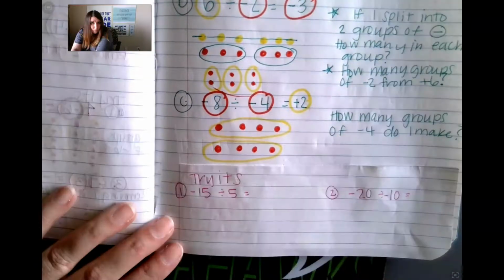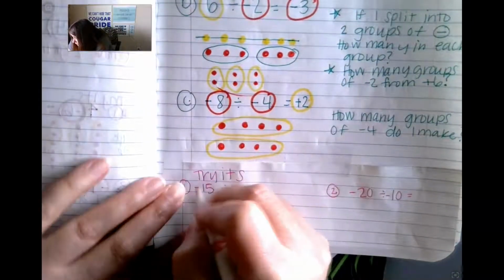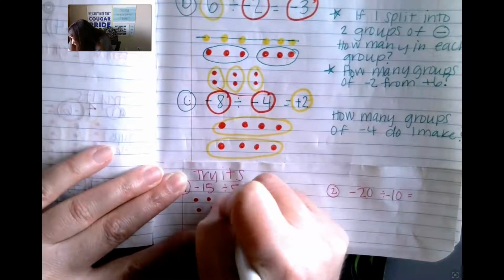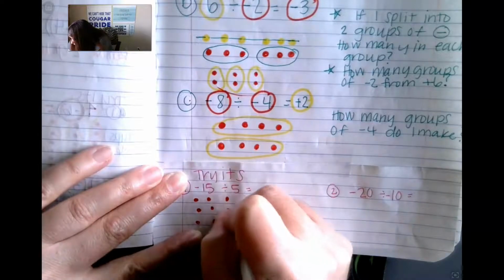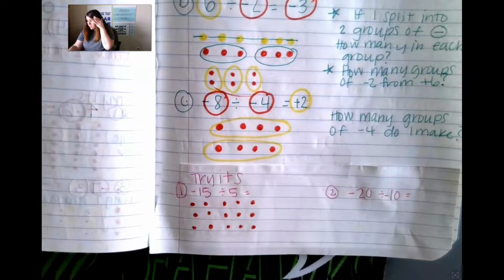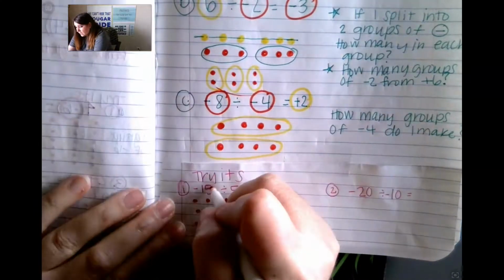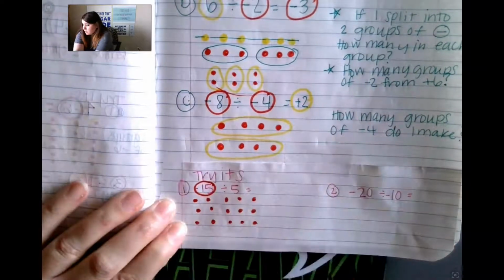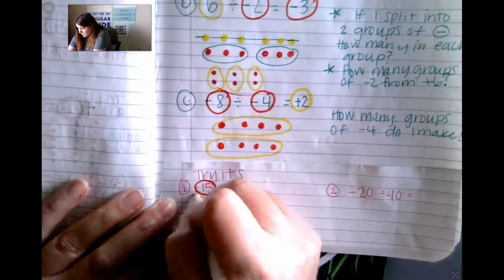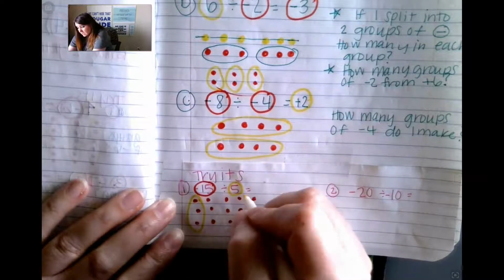Okay, so I had -15. 1, 2, 3, 4, 5, 6, 7, 8, 9, 10. All right, how many groups of 5 can I make from -15? Or how many times can I split this into 5 groups?